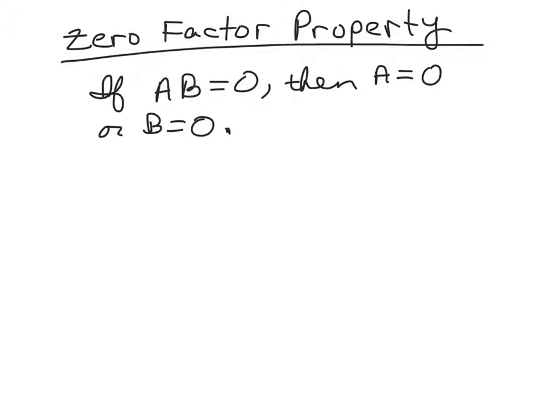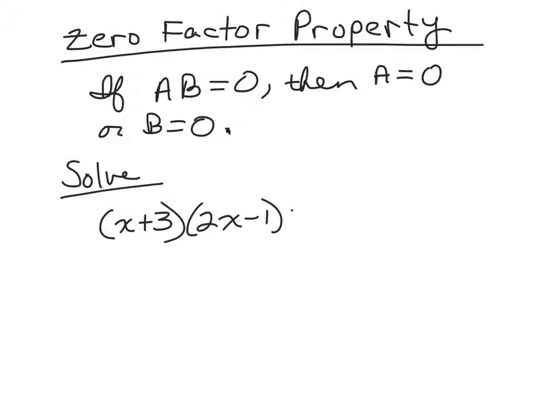Now let me show you how we're going to apply the zero factor property today. We're going to apply the zero factor property so that we can solve equations like this: the quantity x plus 3 times the quantity 2x minus 1 is equal to 0.